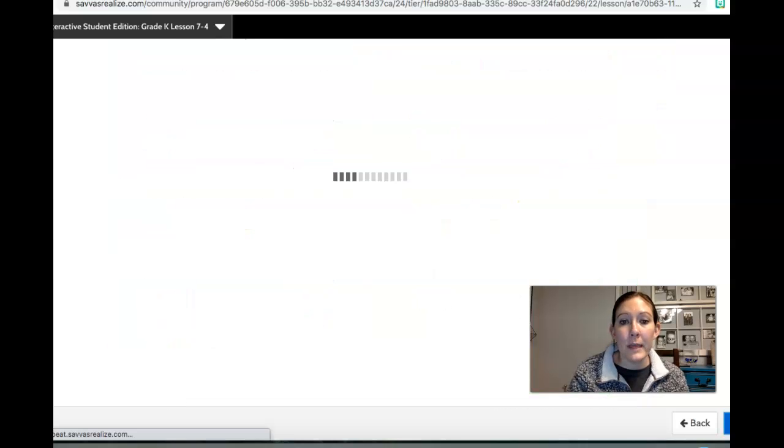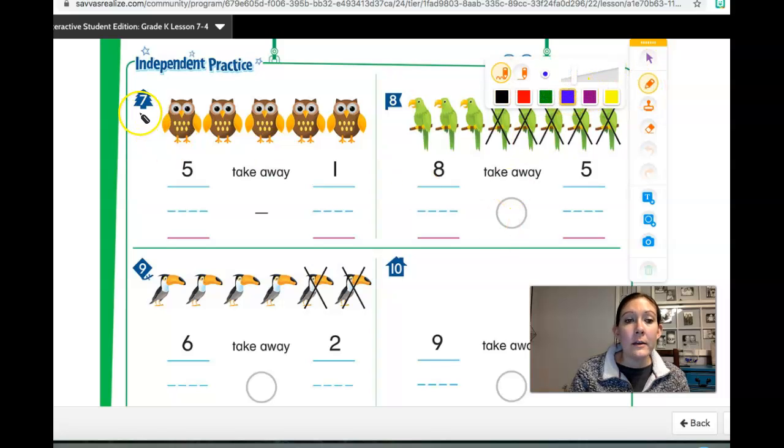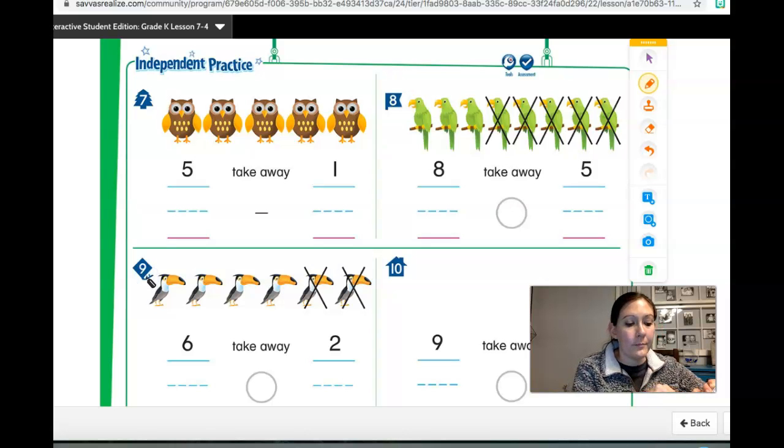Go ahead and turn your page. And we are ready for independent practice. I want you to get your pencil or your crayon ready, and I want you to try number 7, Christmas tree, number 8, flag, and number 9, kite, all by yourself.